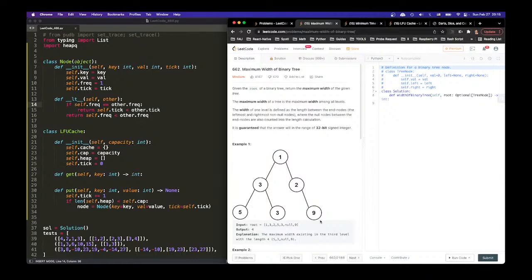Now, what is the rightmost on this? And the levels, okay? So maybe we need to find the level as well, because this is one level, this is one level, right?